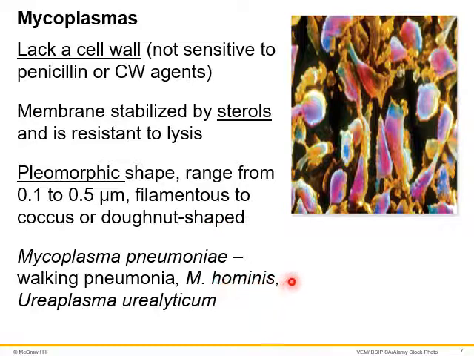Mycoplasma hominis is actually a sexually transmitted disease and can cause premature deliveries and stillbirths. Ureaplasma ureolyticum also can cause these complications with pregnancy. And often, because they're very common, people don't appreciate their potential to do damage.